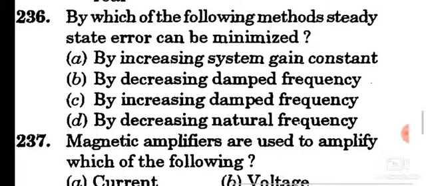Question number 236. By which of the following methods can steady state error be minimized? Option A, by increasing system gain constant. Option A is the correct answer.